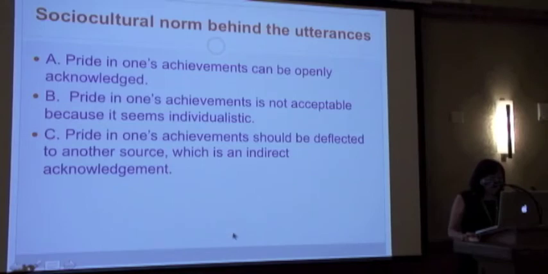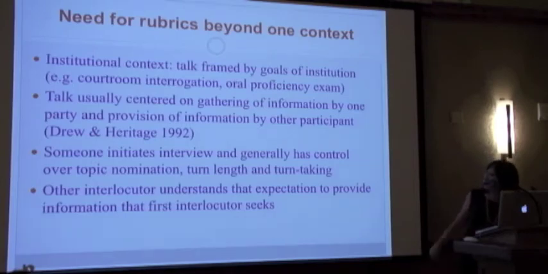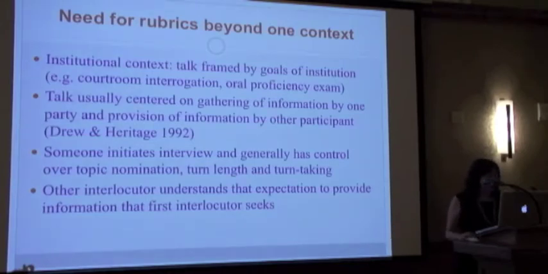So my point with this is I think we need to have some rubrics beyond just one context. And the context that we have now with the actual proficiency guidelines, and the ones that I'm proposing with this website, is an institutional context with a talk framed by the goals of the institution, which is basically the oral proficiency exam.